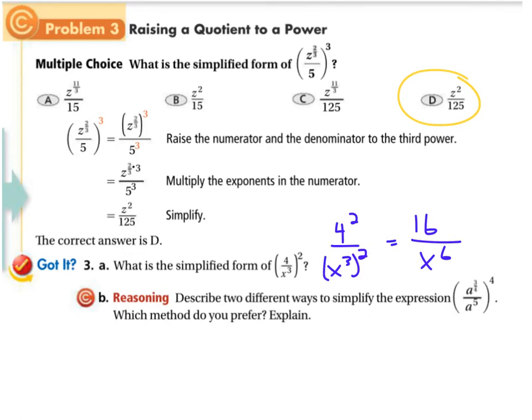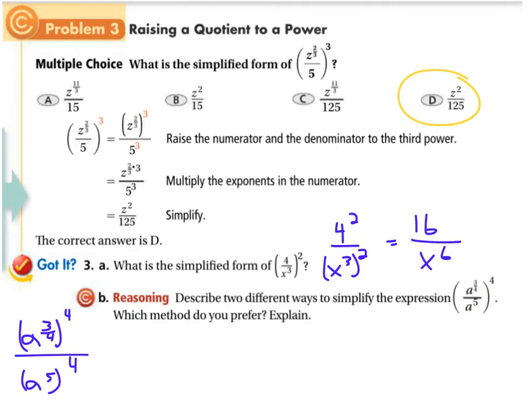Now, describe 2 different methods for simplifying this expression. Okay, we could do this. We could give that exponent to both parts. We could say a to the 3/4 all raised to the 4th power over a to the 5th all raised to the 4th power. Or we could simplify inside here first.